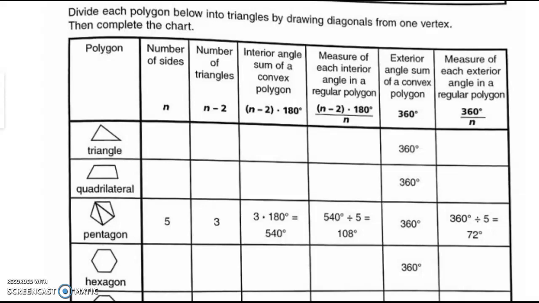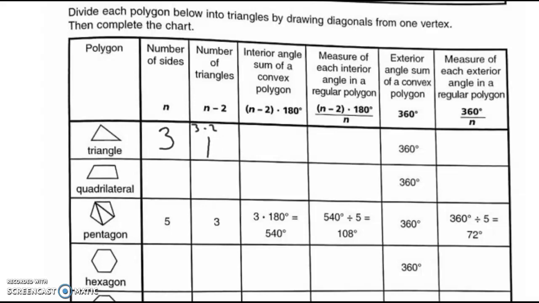one triangle. So if I look at this column for number of sides, that's going to be variable n. We have 3. Then I need the number of triangles. Well, we can see there's one triangle, but we get that by taking 3 minus 2. Okay, so 3 minus 2 is 1.